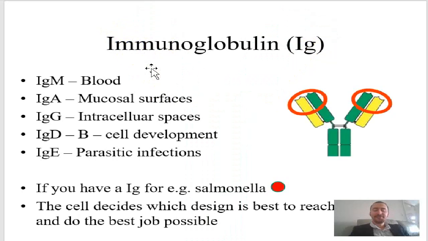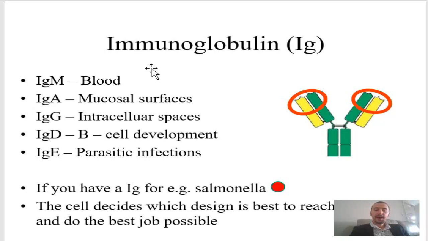Now, there are 5 different types of immunoglobulin. You have IgM, which is generally associated with the immunoglobulin response required for the blood. You have IgA, which is generally the antibody response that we need for mucosal surfaces. When I say mucosal surfaces, I'm talking about the lining of the respiratory tract or the lining of the gut.